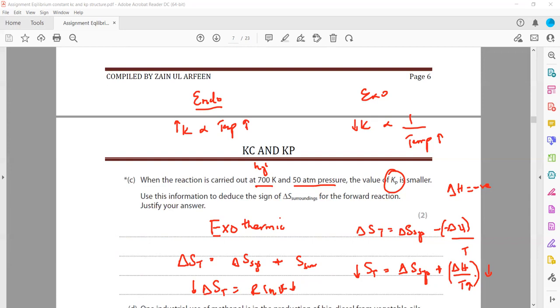Is this question clear? The relation between the total entropy and the value for K?